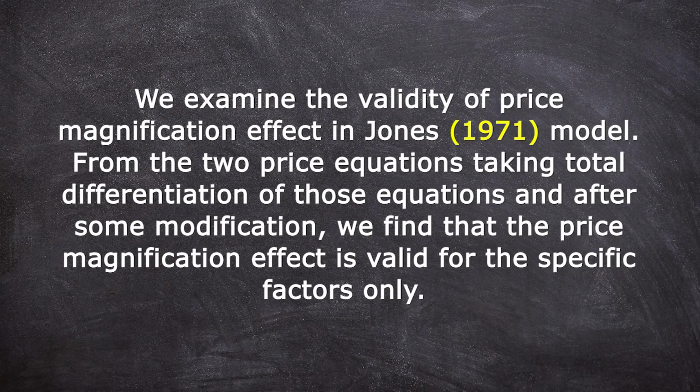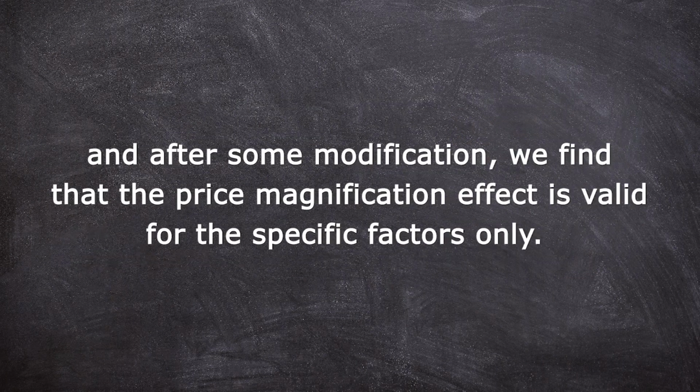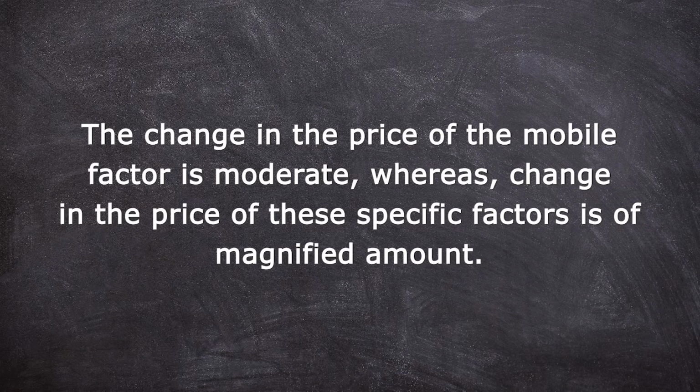Next, we examine the validity of the price magnification effect in the Jones 1971 model. From the two price equations, taking total differentiation of those equations and after some modification, we find that the price magnification effect is valid for the specific factors only, but it is not valid for the mobile factor. The change in the price of the mobile factor is moderate, whereas the change in the price of the specific factors is a magnified amount.